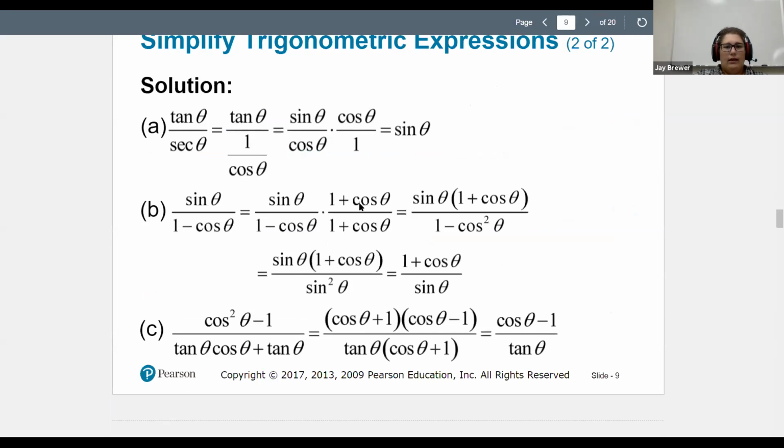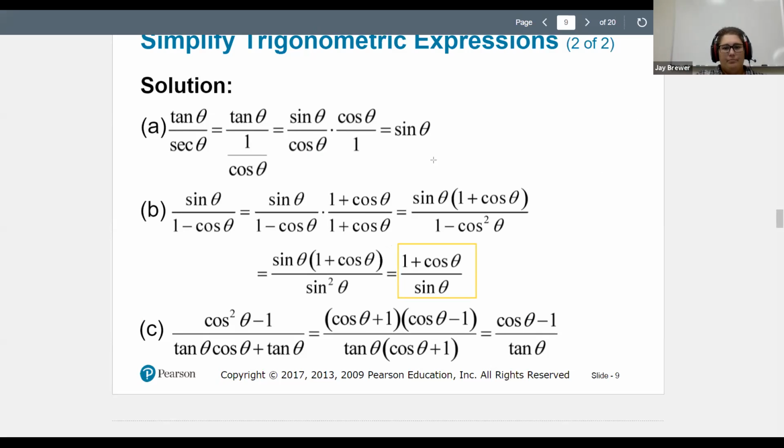So here they're multiplying basically by the conjugate, or you can see how 1 plus cosine theta over 1 plus cosine theta, that's just multiplying it by a 1, right? You could really cancel those out, but you actually need them, so don't cancel them out. All right? And then you continue working down, and you end up with where you were supposed to be in the end. Right? There you go.